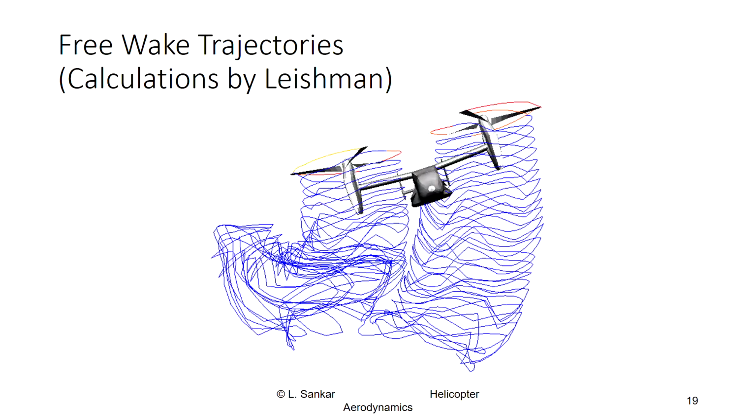We have a lot of analytical codes for free wake trajectory and free wake induced velocity calculations. There are also commercial solvers from companies such as Continuum Dynamics, and universities in Europe, Israel, Korea, China, Japan, and other places where these are all being done.